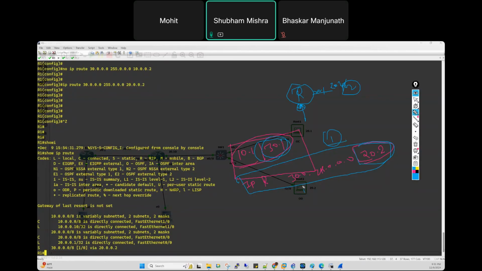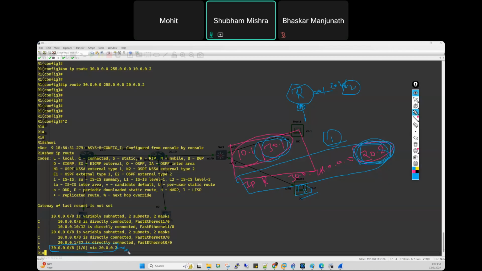In step number 2, router checks this 20.2. अरे first step तो यही check किया router ने. Step number 1. Yes or no? In step number 2, router will check: this is 20.2, it means that is the 20 network.